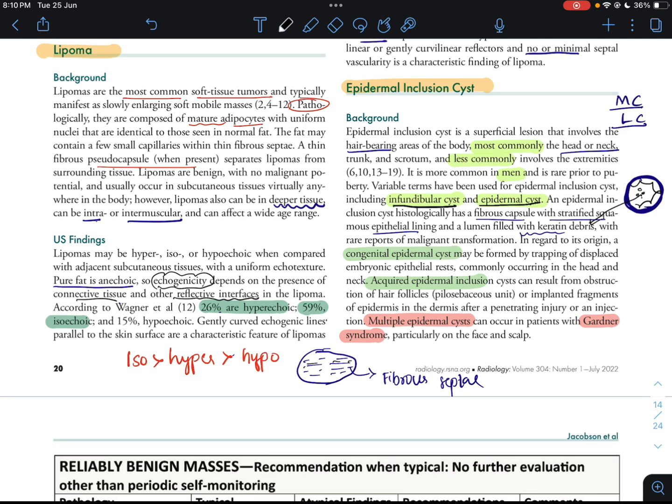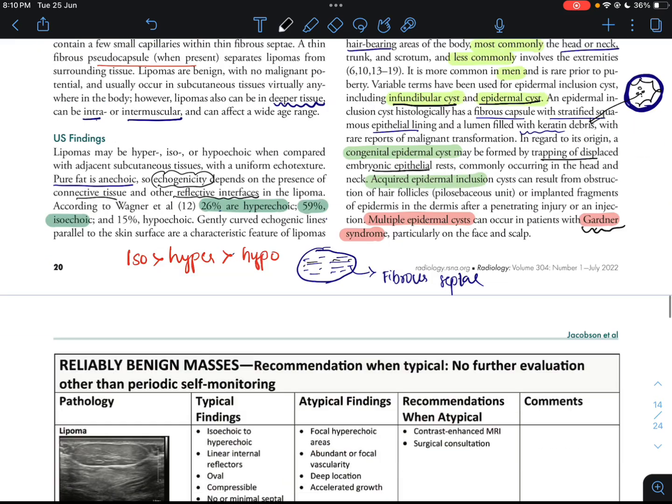Congenital ones will be formed by the trapping of displaced embryonic epithelial rests, whereas the acquired epidermal inclusion cyst will result from obstruction to the drainage of the pilosebaceous unit, or from implanted fragments of the epidermis in the dermis after a penetrating injury or an injection. There is one syndrome which is associated with multiple epidermal cysts, that is Gardner's syndrome.